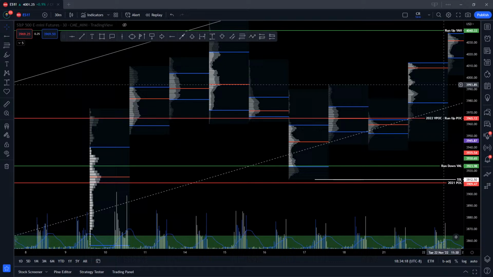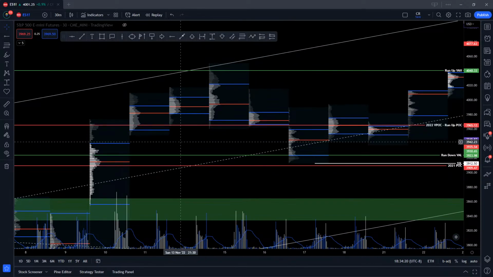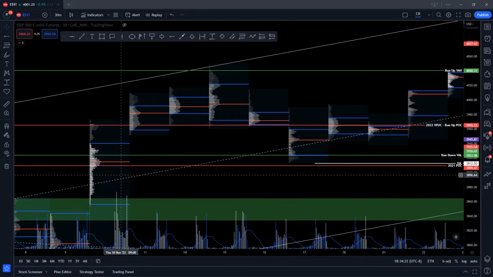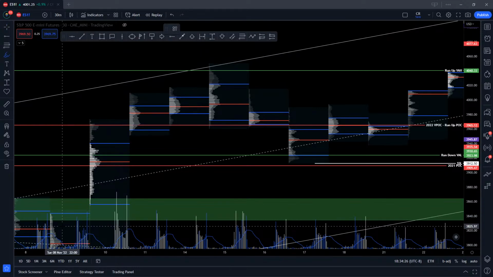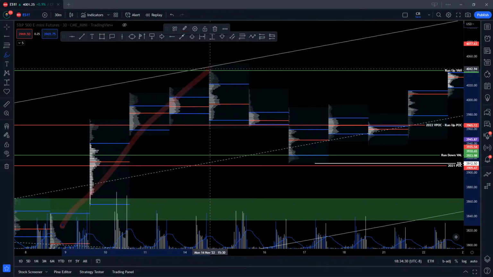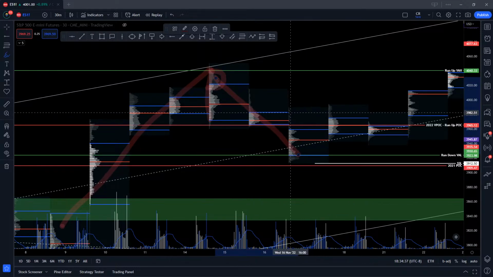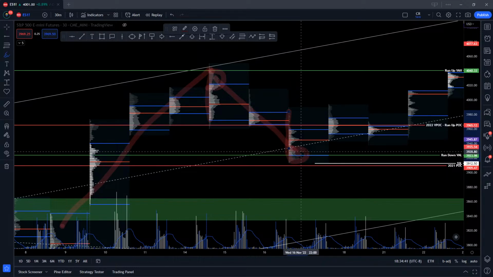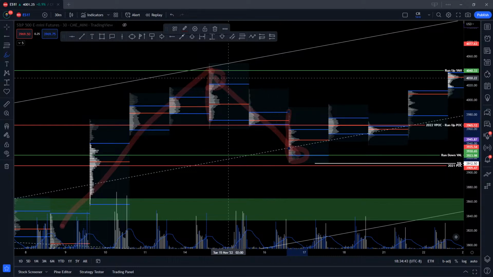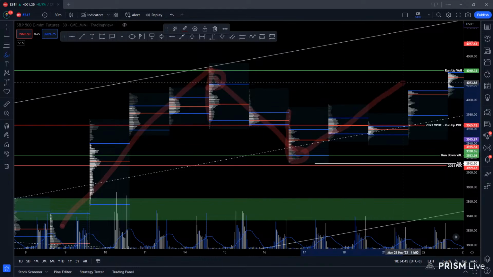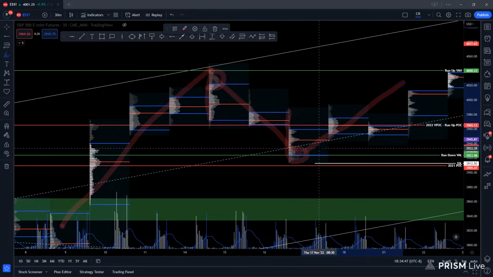What you want to notice with P shapes: when you have a P shape in an uptrend, in this instance, price has been coming up, and then when you see a P shape, it generally indicates a reversal. The inverse is when you have a b shape, and they never look perfect. But when you have a b shape in a downtrend, it's generally going to be a reversal as well.